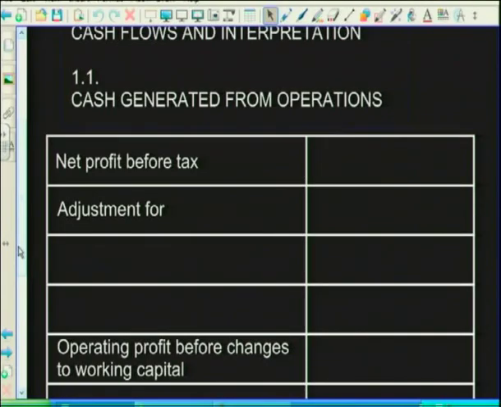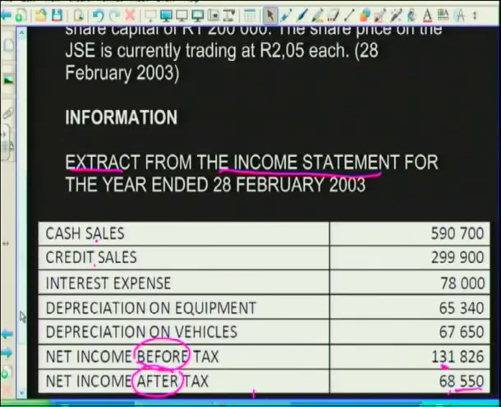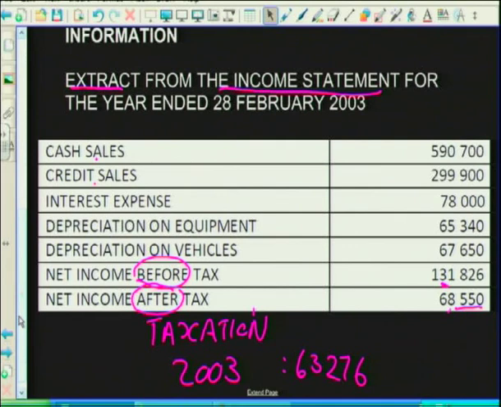We're going to start off with net profit before tax. And remember, this information was given to us. So let's go and extract that information from your income statement. There's your extract from your income statement. Net income before tax, an amount of 131,826.